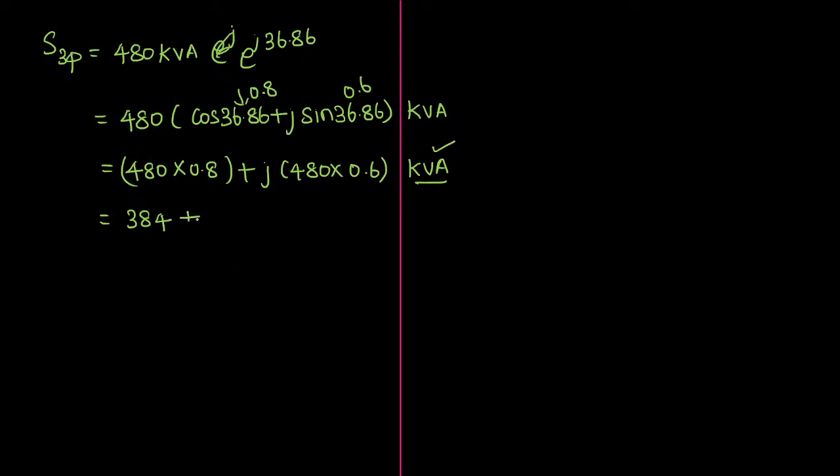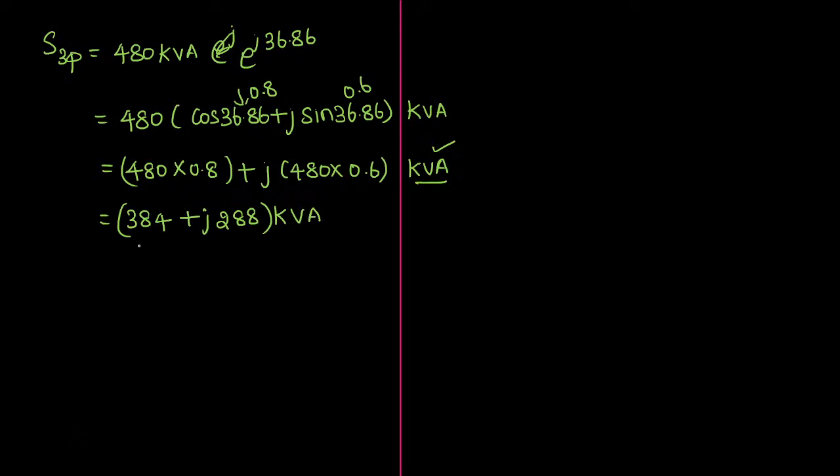Similarly, if I multiply 480 with 0.6, you will come up with 288. So we have calculated the total real and reactive power. It is in the form of apparent power, so its unit will become kilovolt ampere.